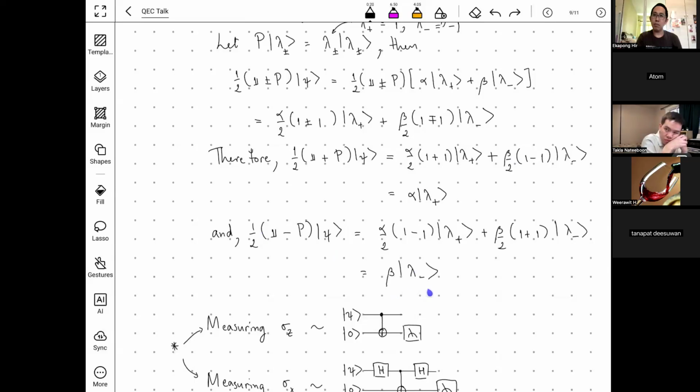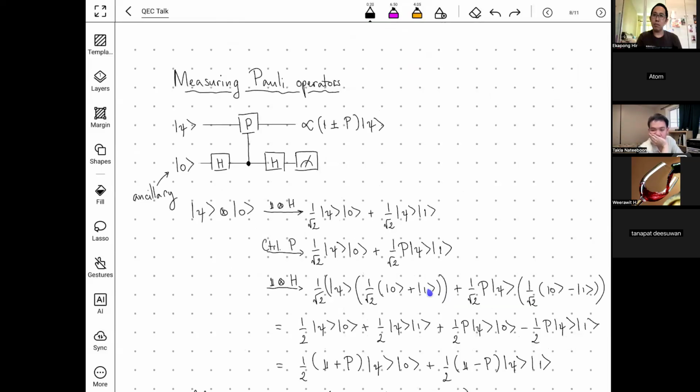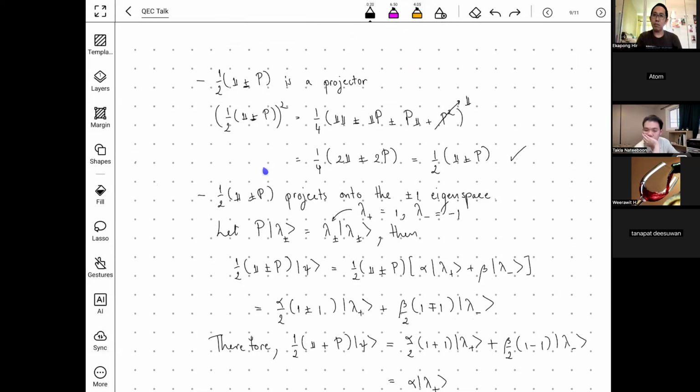So this construction is used to measure the Z stabilizers in quantum error correcting codes. But the construction I showed earlier is a bit hard to implement because you need to implement a controlled Pauli operator. I'm not sure how hard it is to implement, but I've seen it used. A simpler construction would be to use the CNOT gate itself.